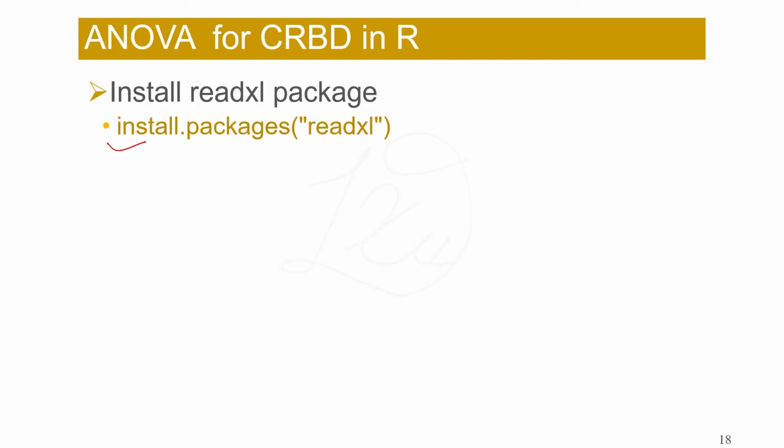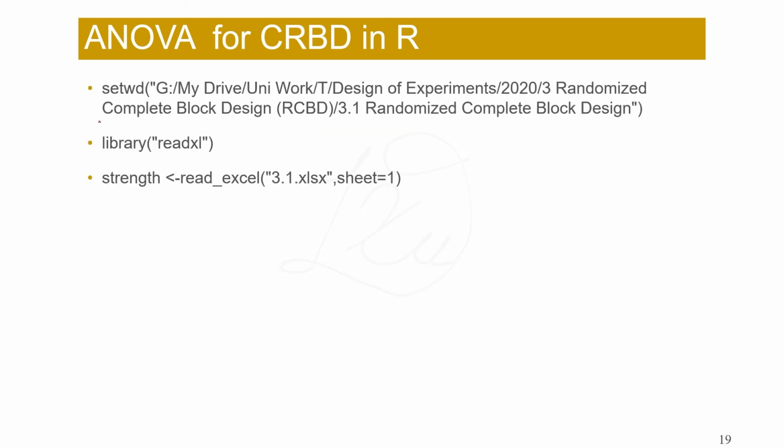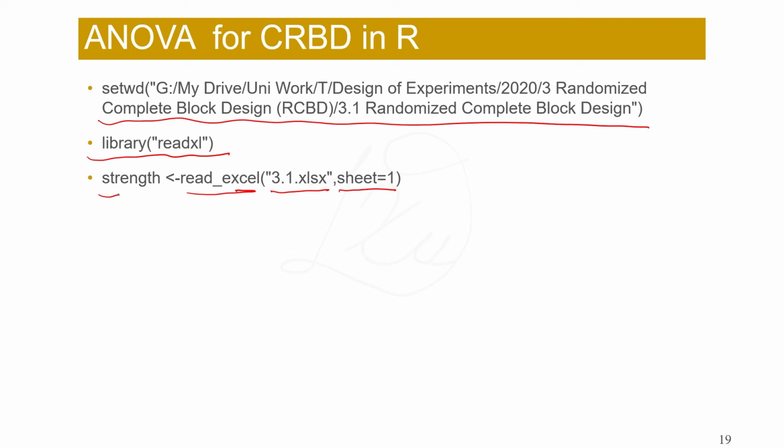Make sure you have installed the Read Excel package so you can read the data from Excel to R. In R, I set my current working directory to the path where I stored that Excel file. I load the Read Excel library, read sheet 1 from the Excel file using this function and pass the data as a data frame to strength.